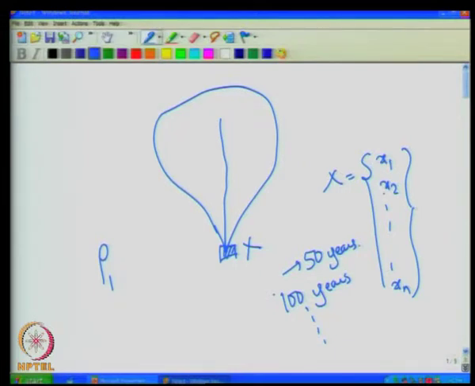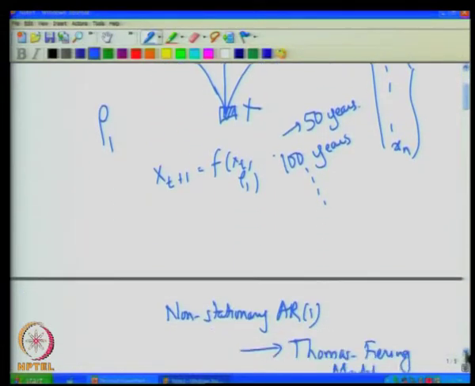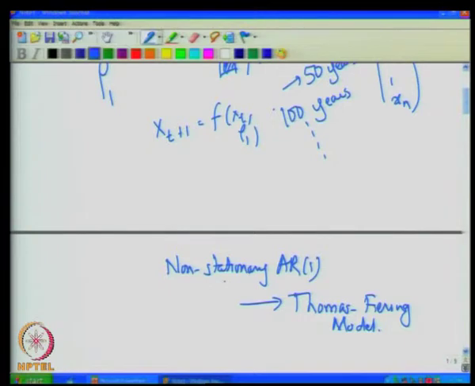On this time series, you get the lag 1 autocorrelation, and then use these lag 1 autocorrelations to generate the x t plus 1 value as a function of x t and lag 1 autocorrelations, and we have seen the expressions for this. Now, the model that we discussed earlier and called the Thomas Fiering model is essentially a non-stationary autoregressive model of order 1.